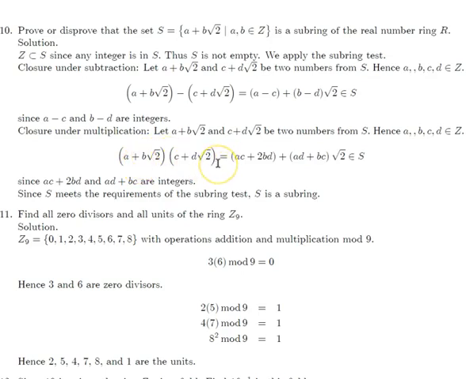The product of these two numbers, use the distributive law, and then collect like terms, you end up with this.